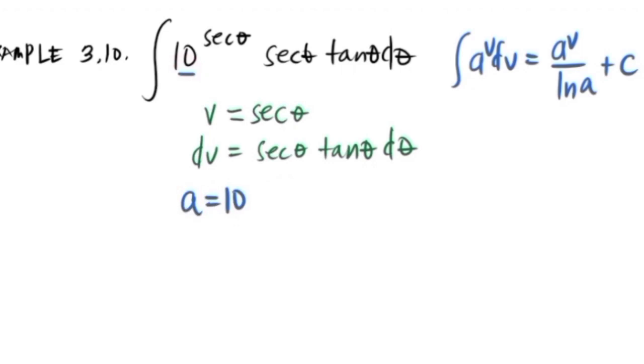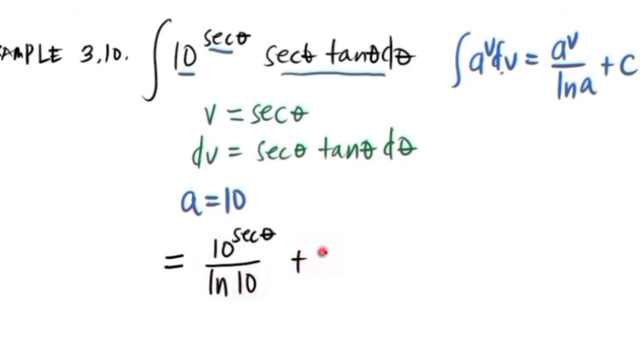And since our v, which is secant theta, and this expression here is your dv, then the integral is equal to a raised to v, so that's 10 raised to v secant theta over ln of a, so ln of 10 plus c.